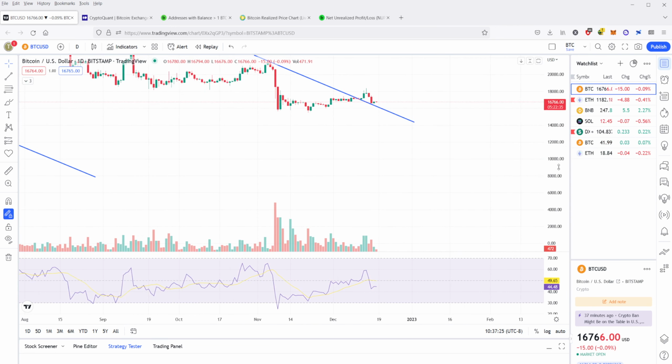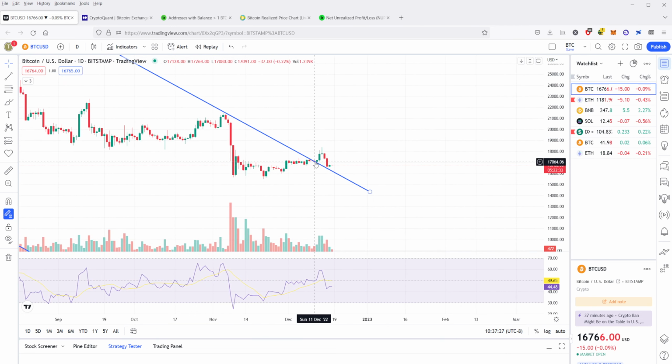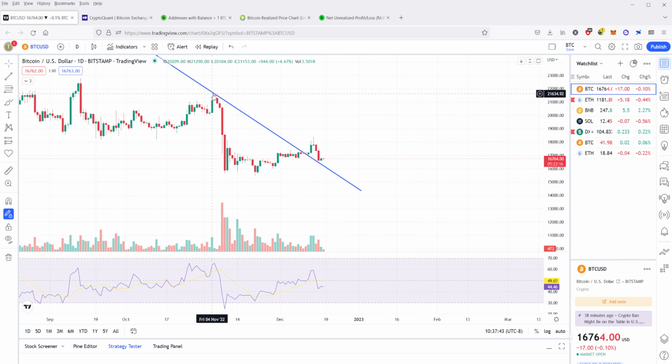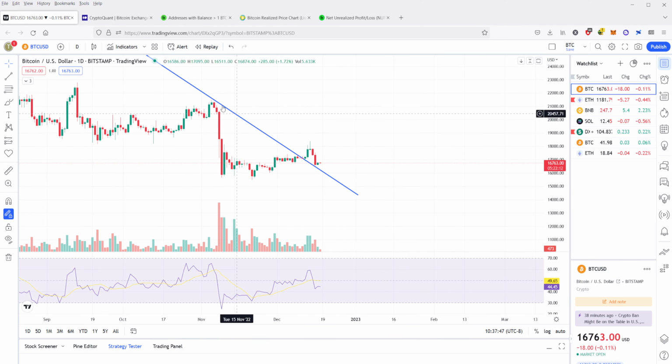So it went through this trend line, but the problem is that it tried to break out, and then it failed, and after that it immediately returned to a price that was lower than the breakout price. What that's telling me is that there is still significant overhead resistance right here, and I'm not willing to call this trend line broken.